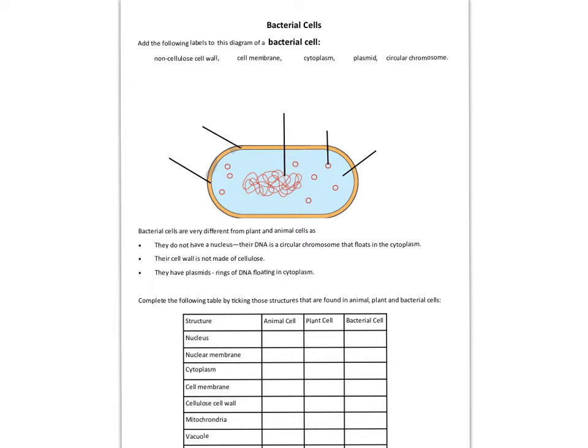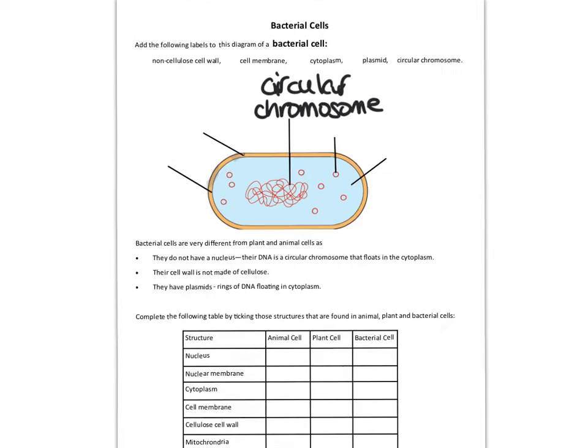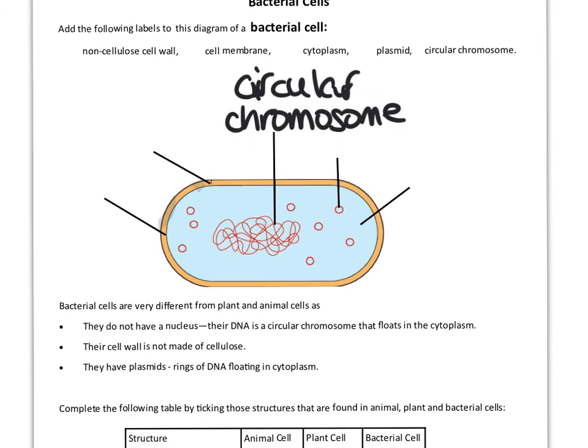Yep, so they don't have a nucleus with a nuclear membrane. They simply have a circular chromosome. Okay, and then they have little loops of DNA, which you'll learn about next year, that are called plasmids.